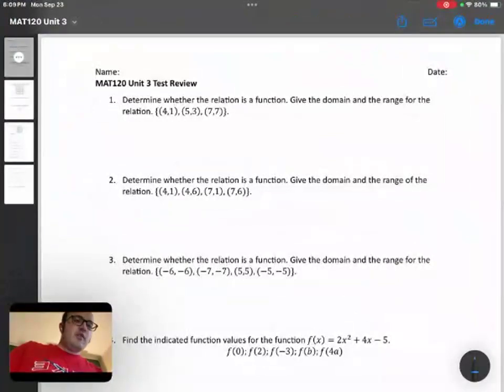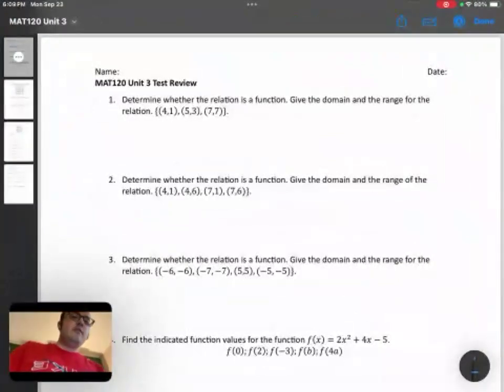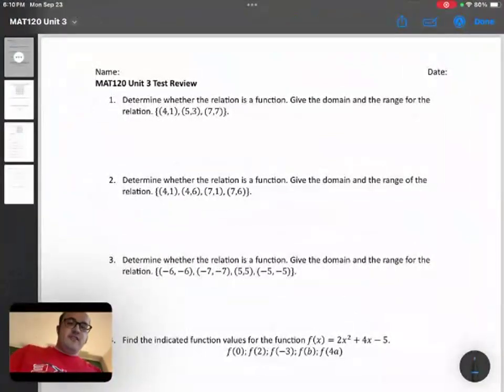The first question is to determine whether the relation is a function and give the domain and range for this relation. So first things first for the function, each one of those x values goes to a different y value. So this is indeed a function.